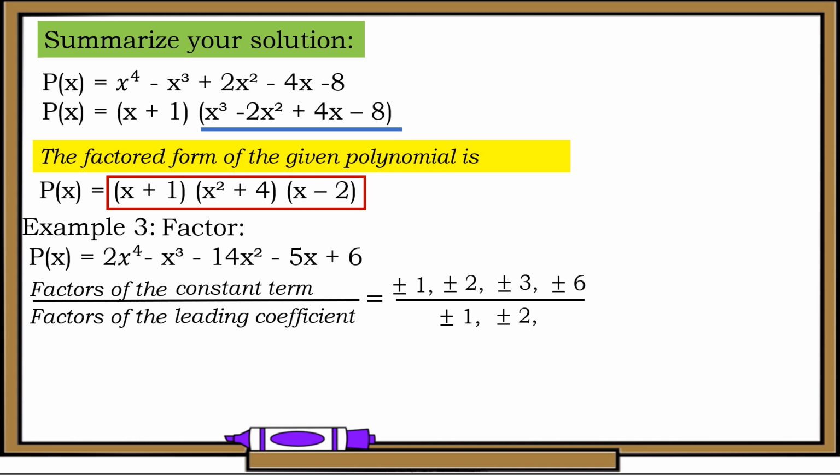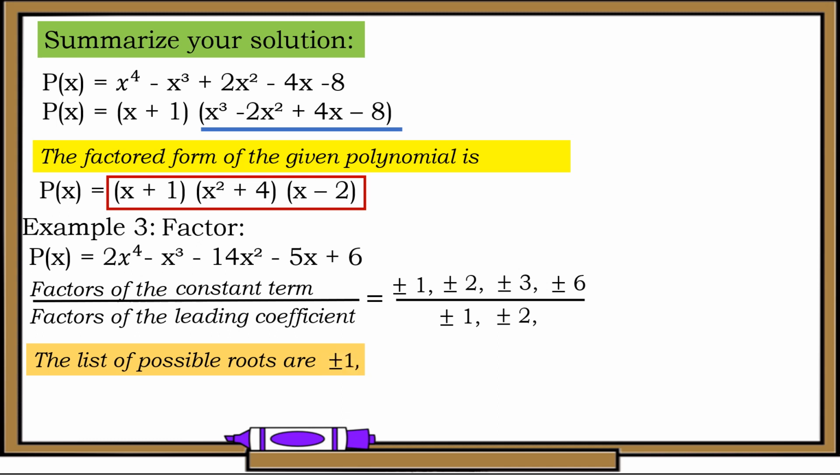So, i-divide natin yung factors of the constant term sa factors of the leading coefficient to get the list of possible roots. So, the list of possible roots are positive and negative 1, positive and negative 2, positive and negative 3, positive and negative 6, positive and negative 3 halves. Kasi pag dinivide mo yung 3 doon sa 2, you will get 3 halves.